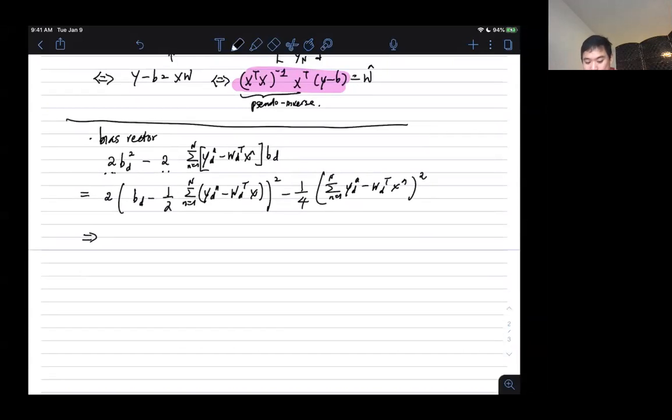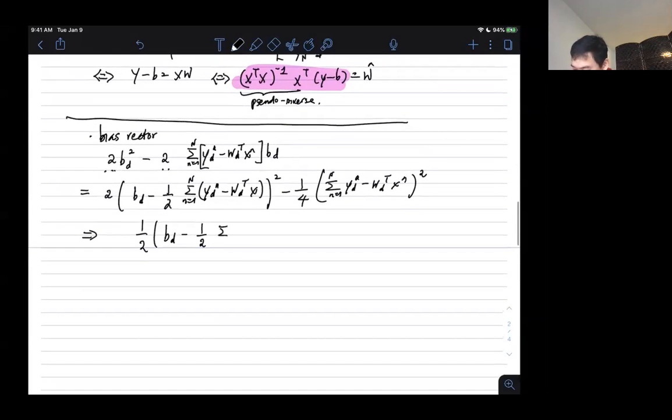And then now here, once I write it like this, I can make it into, again, a quadratic format. That is 1 over 2, b_d minus 1 over 2 again, and then sum n from 1 to large N, y_dn minus w_d transpose x_n.